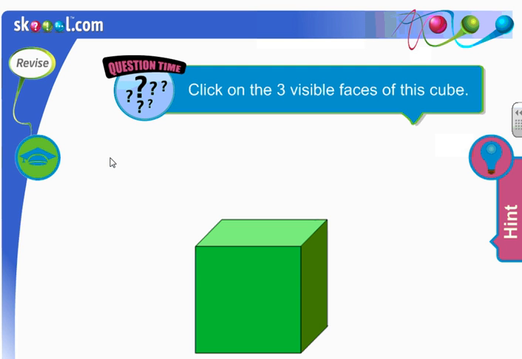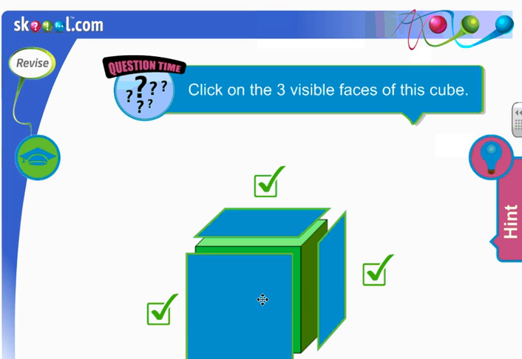So if we look at the 3 visible faces, usually when you look at a diagram or drawing, there are 3 faces that are visible: the front one, the side one, and the one on top. So as you can see, there are 3 visible faces.